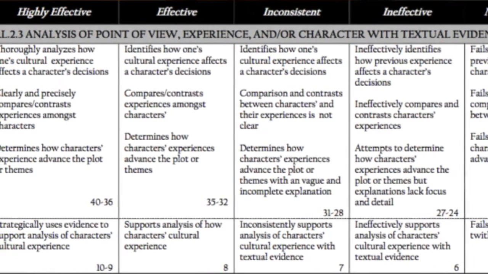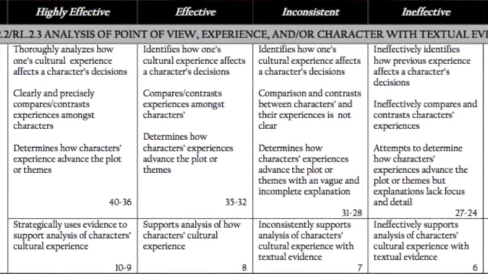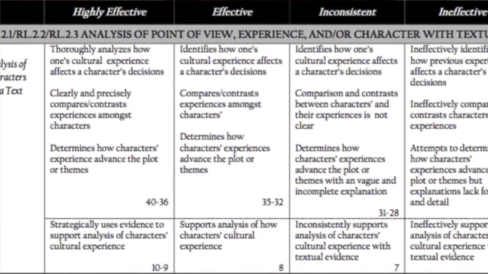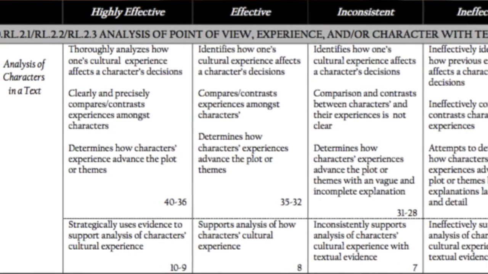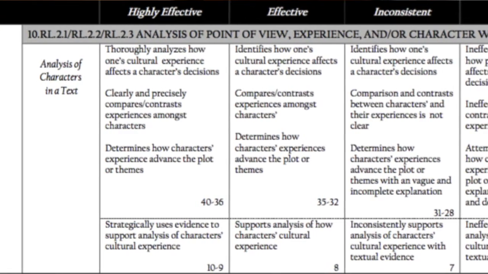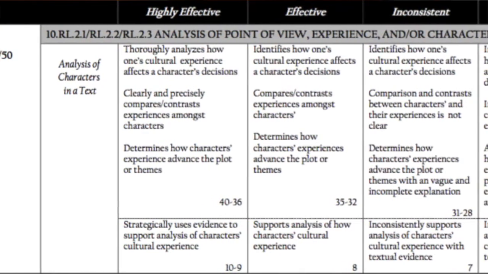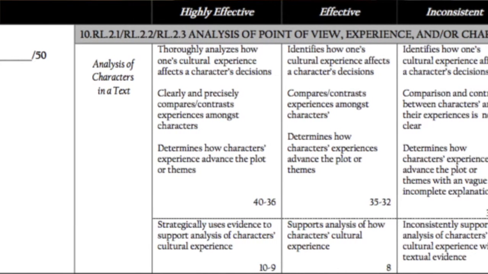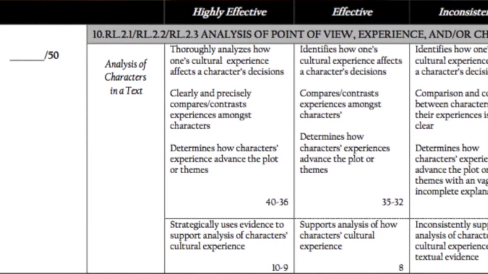So what I have to do for this is I have to thoroughly analyze how one's cultural experience affects a character's decisions, clearly and precisely compare or contrast experiences amongst characters, and determine how a character's experience advances the plot or themes.